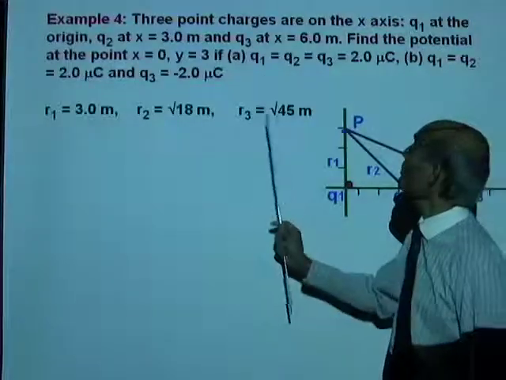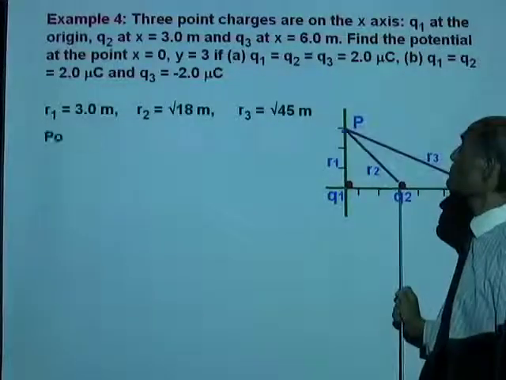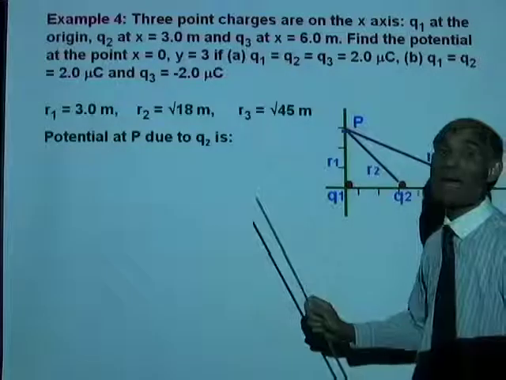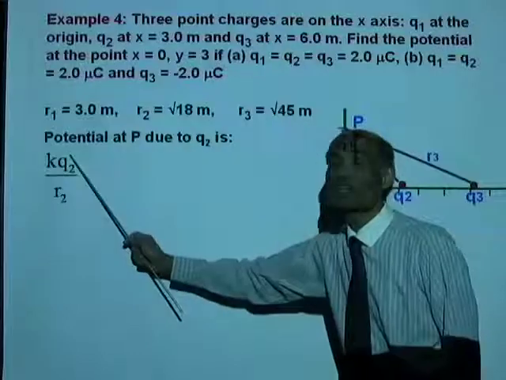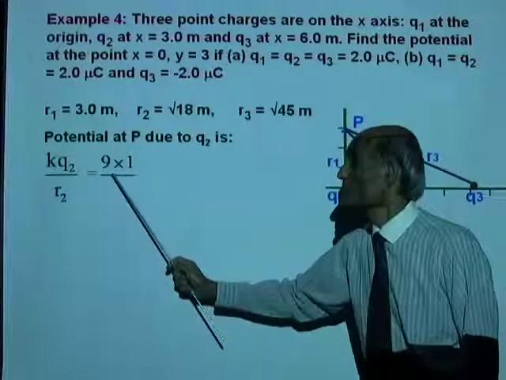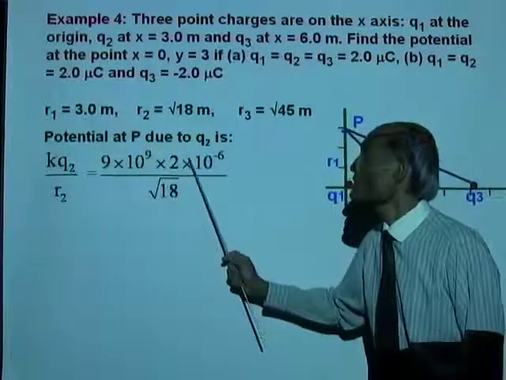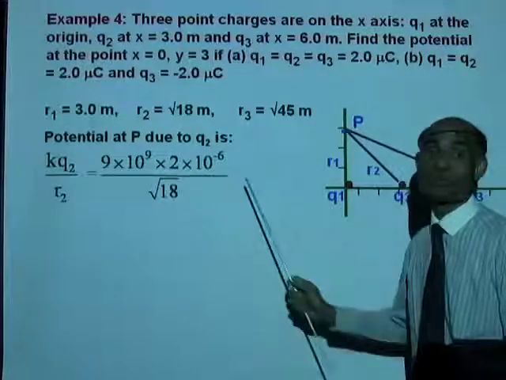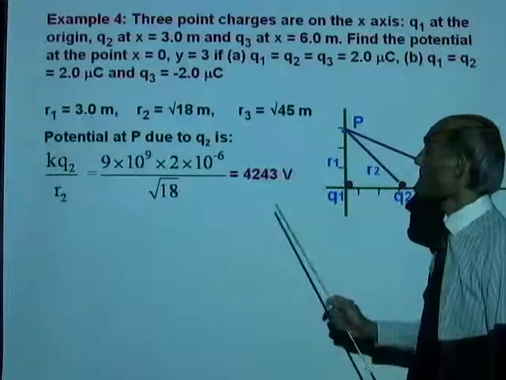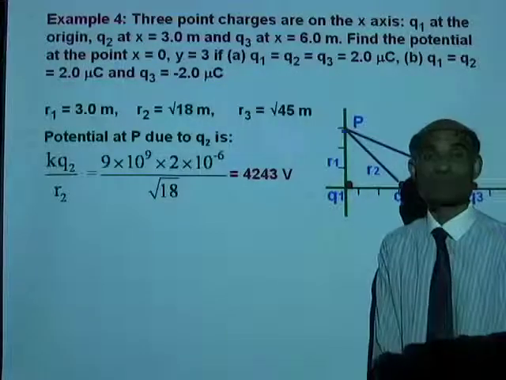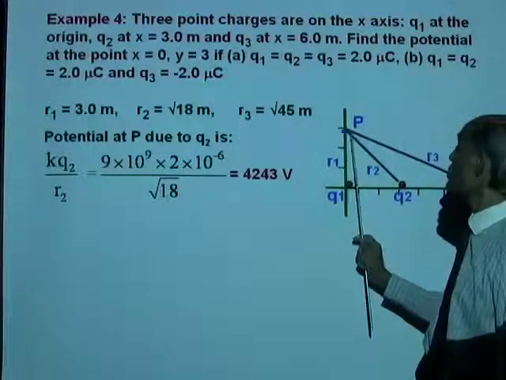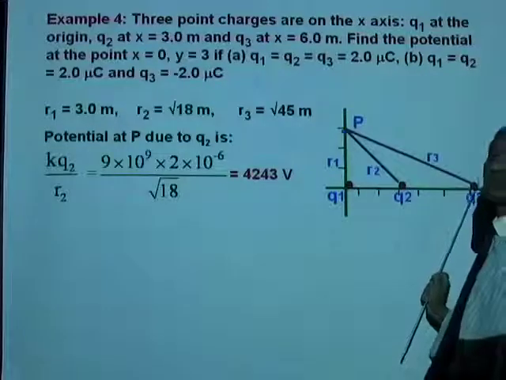Alright, what is the potential at P due to Q2? Will be KQ2 over R2, and Q2 is the same as Q1. So that will be KQ2 over R2 is square root of 18. And that is 4,243 volts.